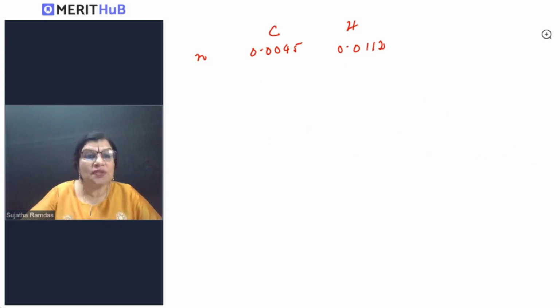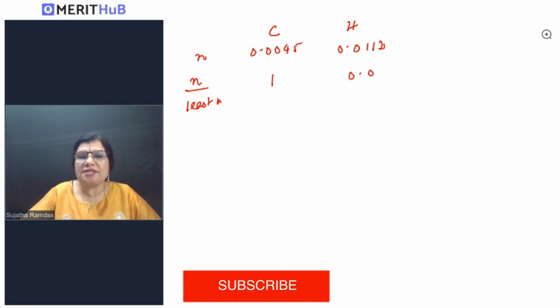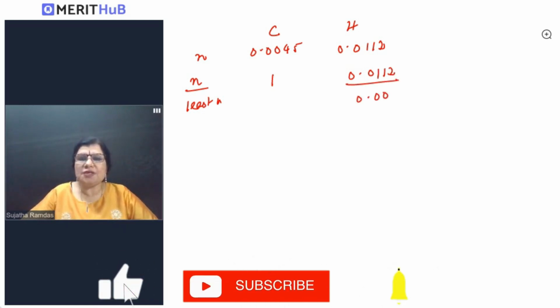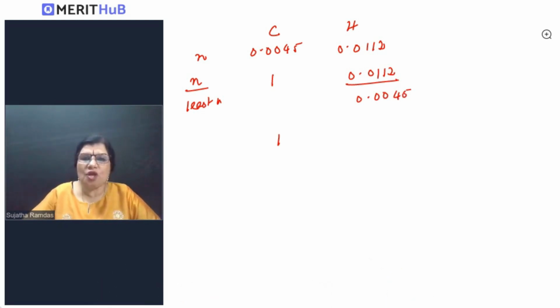Now to find out the simplest whole number ratio, we divide by the least number of moles. So 0.0112 divided by 0.0045. This will be approximately 1 is to 2.5. So 45 twos are 90.